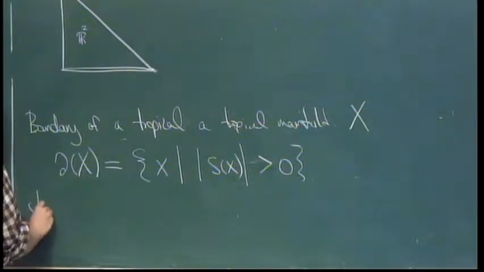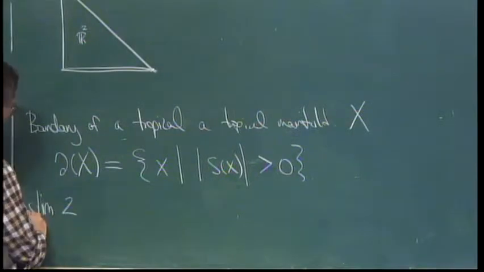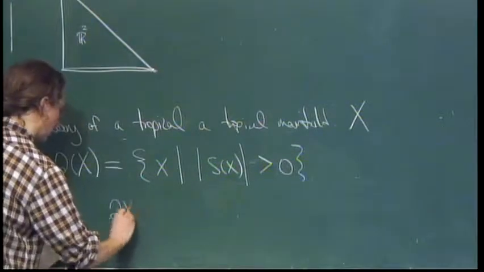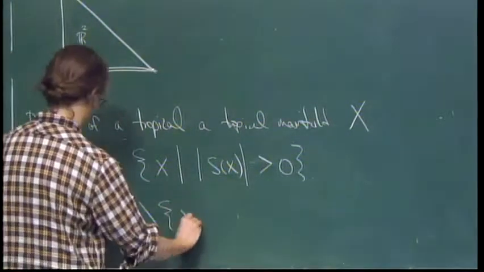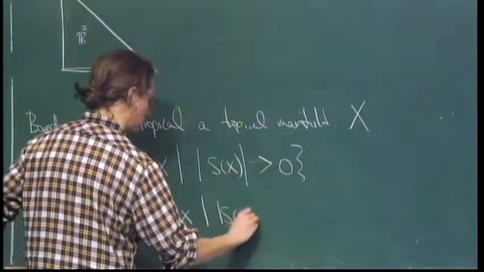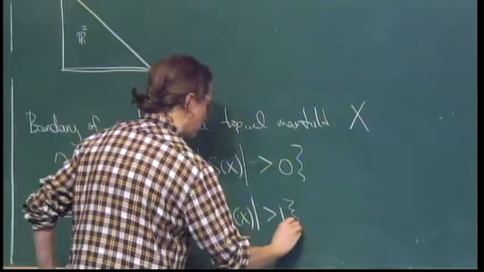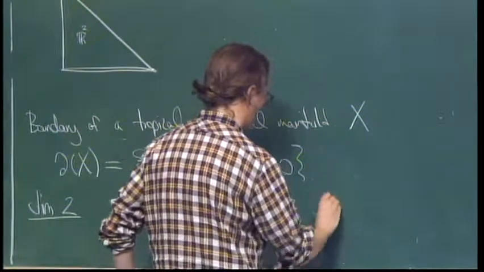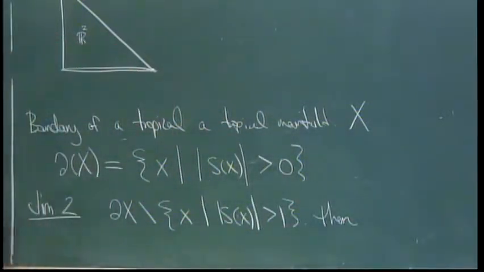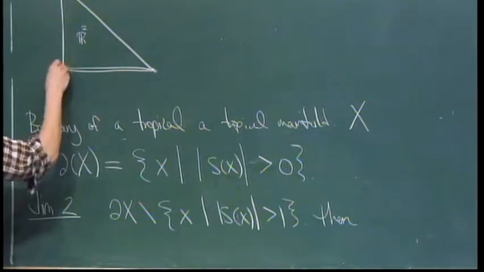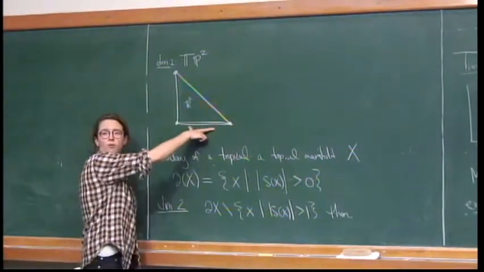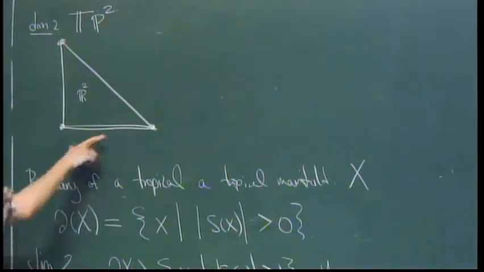Let's just say, since we'll talk mostly about curves, though this works in higher dimension as well, the boundary of x, if we also subtract the points of sedentarity larger than 1, then we get some connected components, and each connected component is an abstract tropical curve, like we've seen before. Here, these are the points of higher sedentarity, and we have some tropical curve, which is just R. It's kind of boring in this case.